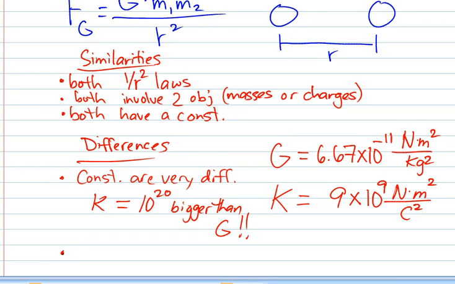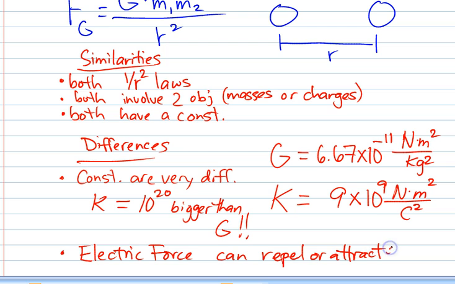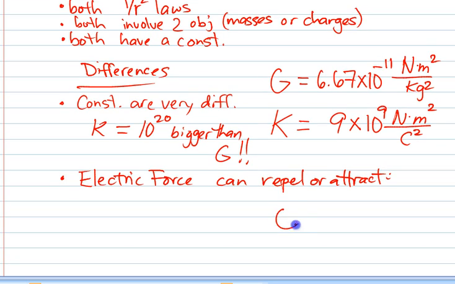Another major difference is that electric forces can repel or attract. We talked about this in previous videos, but if I have a positive and negative charge, I will have a force of attraction, and if I have a negative and a negative, I will get repulsion.